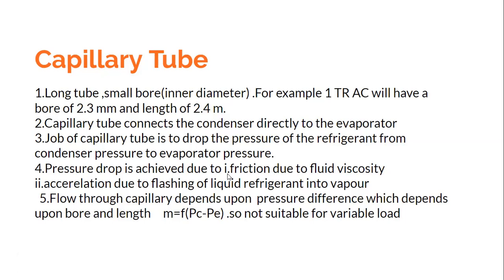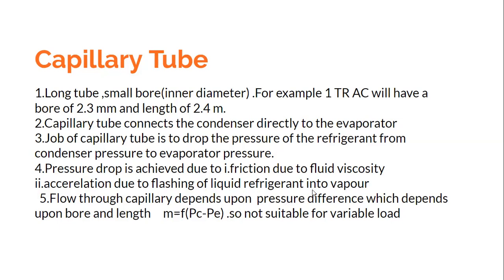And second, at the entry to the expansion device, that is at the exit of the condenser, the refrigerant is a liquid refrigerant. When it passes through the narrow constriction and experiences the pressure drop, we know that at the end of the expansion device, there is liquid plus vapor. We are getting some vapor out of liquid, which is called flashing. Flashing would result in acceleration, because once it is vapor, the velocity would increase.